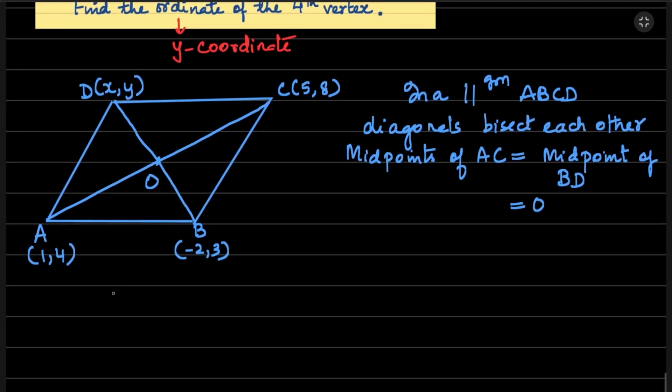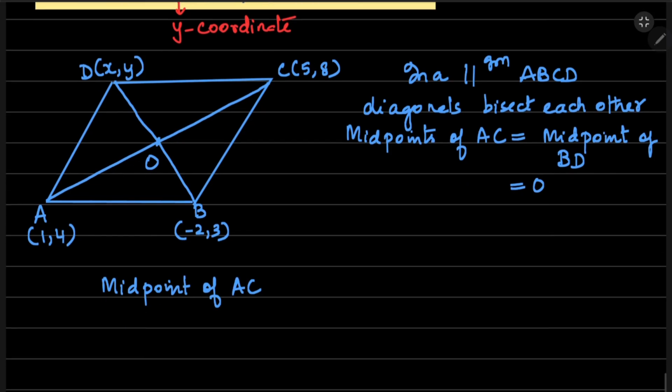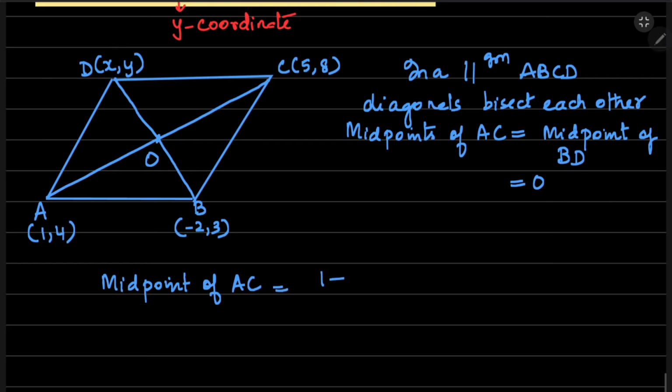Okay, and let's make it equal. So the midpoint of AC, first of all, let's calculate, because we know both the endpoint coordinates of AC. The midpoint of AC will be equal to 1 plus 5 by 2 comma 4 plus 8 by 2. Okay, these are the coordinates.